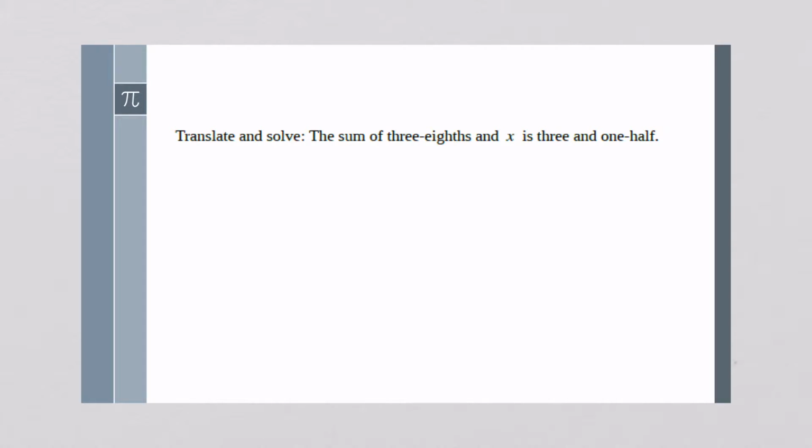For this problem, let's translate it. The sum is the fancy word for add, of 3/8 and x, so 3/8 plus x is 3 1/2. So that's what that is in algebraic form. So you ask yourself what's happening to the variable. It's adding 3/8. So I'm going to subtract 3/8 from both sides.